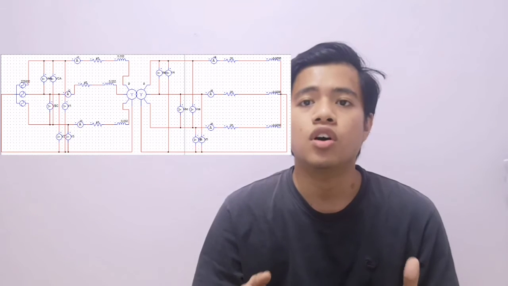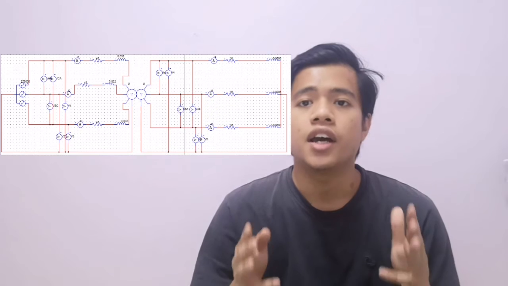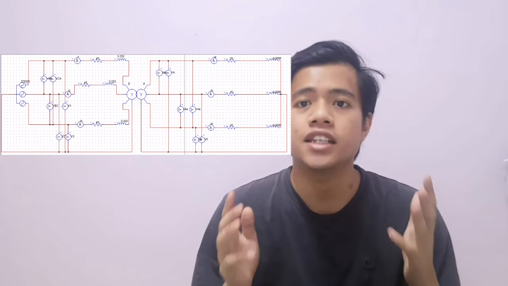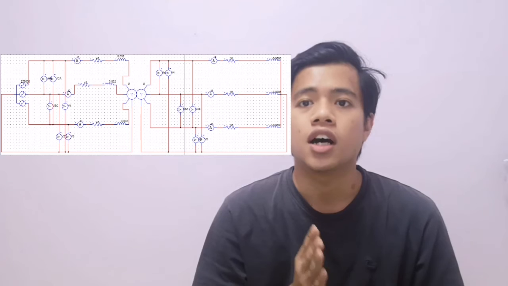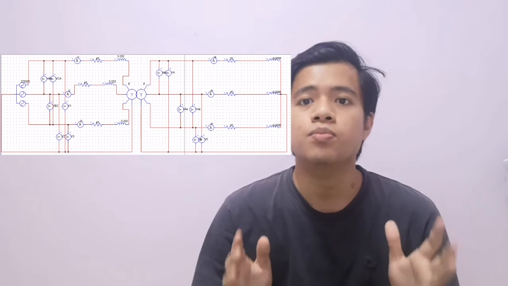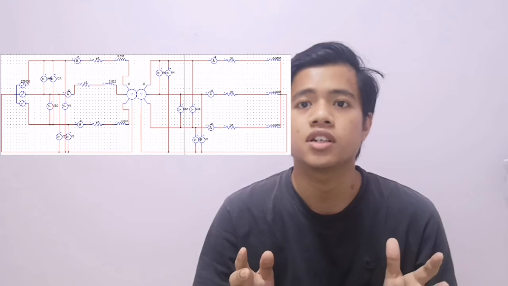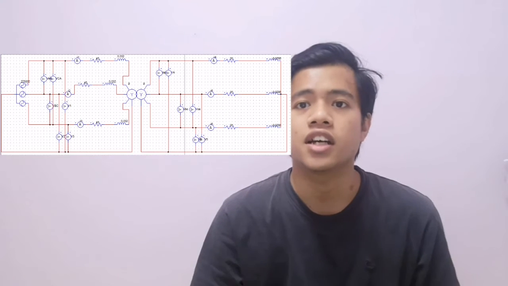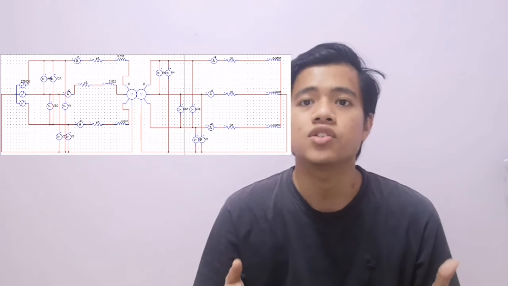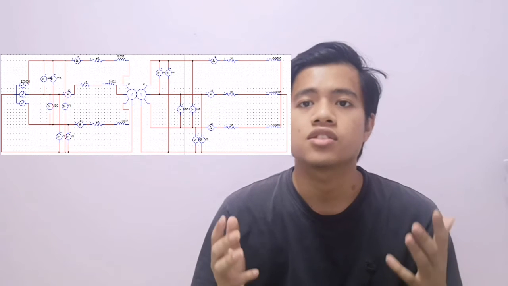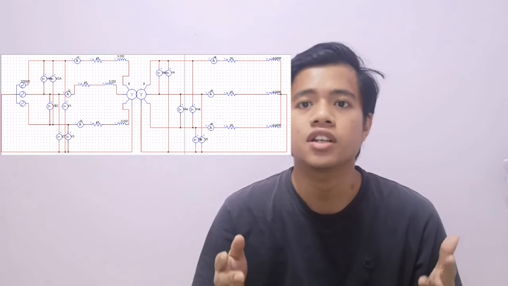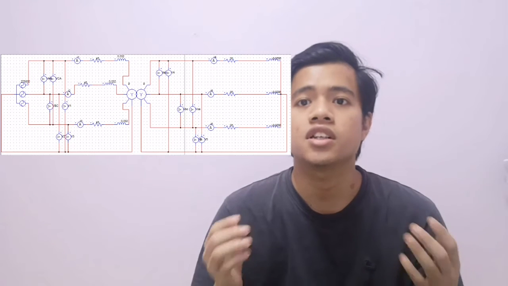I want to tell you that for the value of transmission loss and load, I use a resistor and an inductor. For the resistor, I just input the value into the resistor, and for the inductor, I need to convert using the 2πfL formula, because the software cannot read the imaginary value.